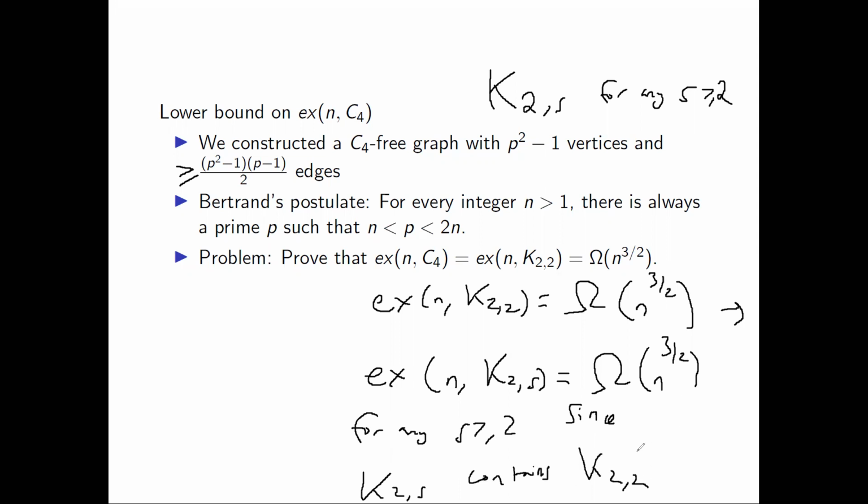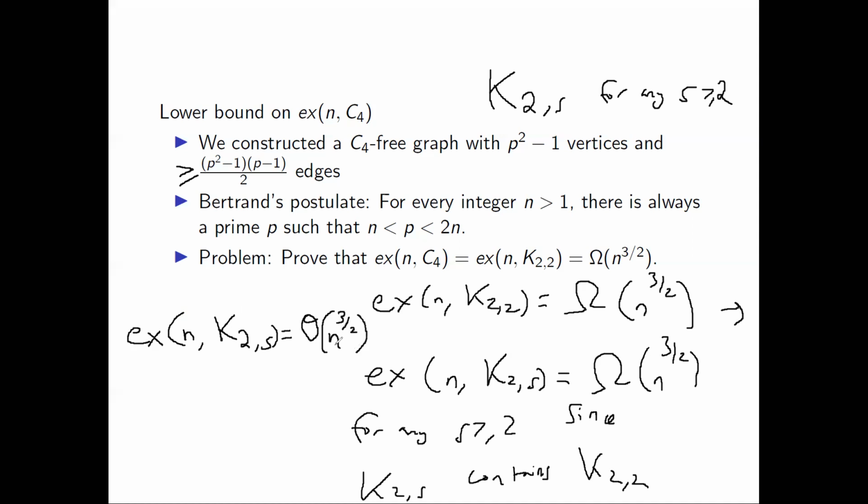So we actually did something more than finding a sharp bound up to a constant factor on the Turan number of C4 and K_{2,2}. We have a sharp bound up to a constant factor on ex(n, K_{2,s}), and this is for any s greater than or equal to 2. So we can say this is theta of n to the 3/2.